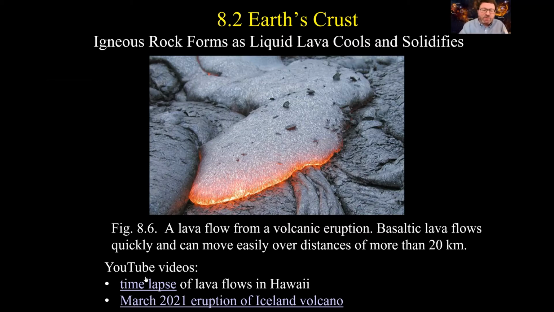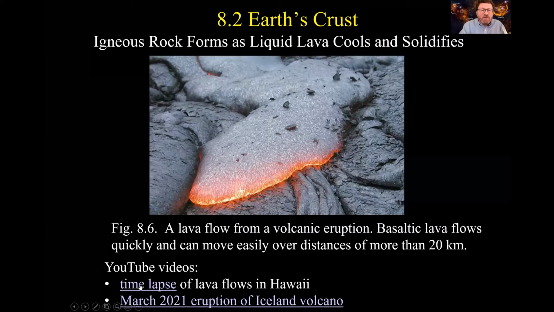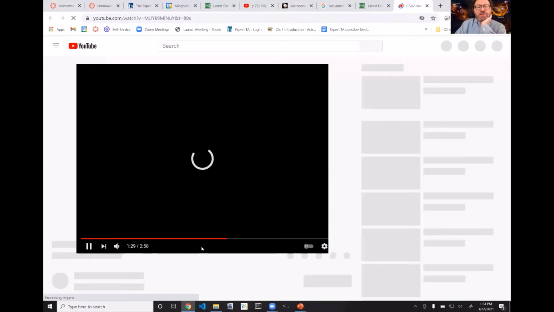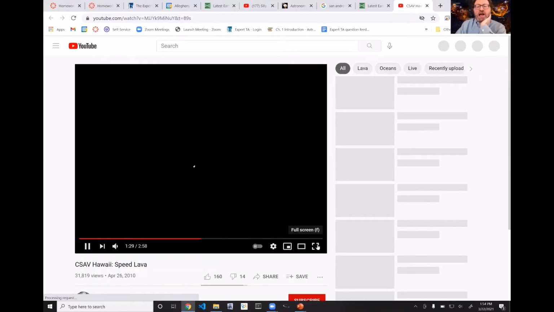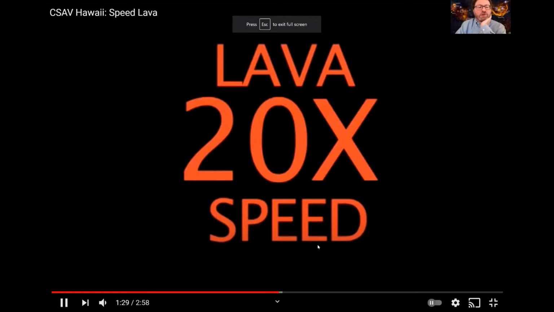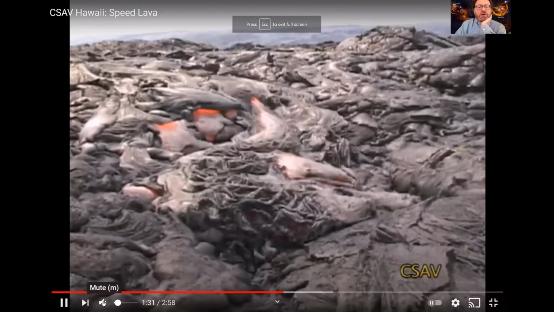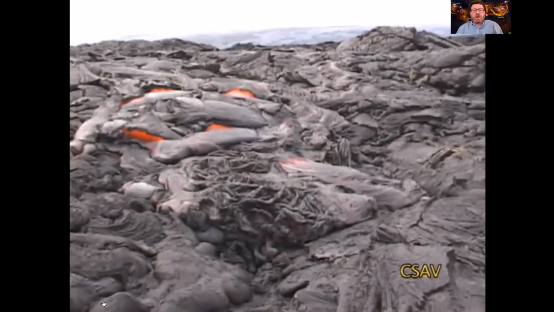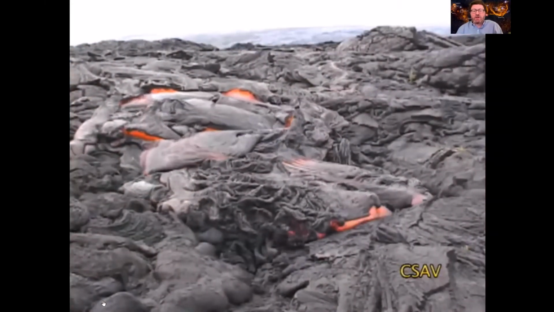So I picked a few time-lapse videos to show you here today. Actually, I think maybe this is the only time-lapse video. But this is some lava flows from Hawaii. This first time lapse will be at 20 times natural speed. But you can get a feel here for lava flowing on the side of a volcano in Hawaii.